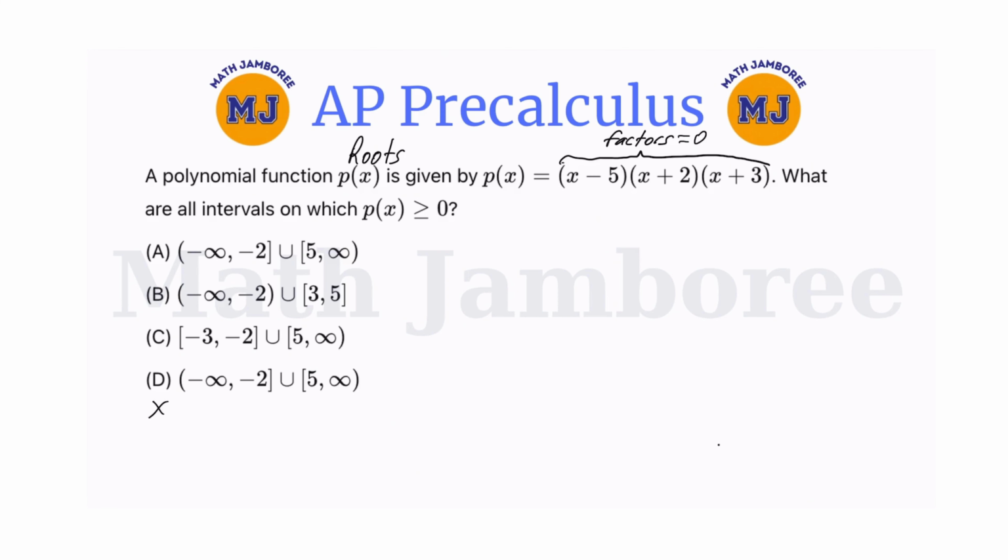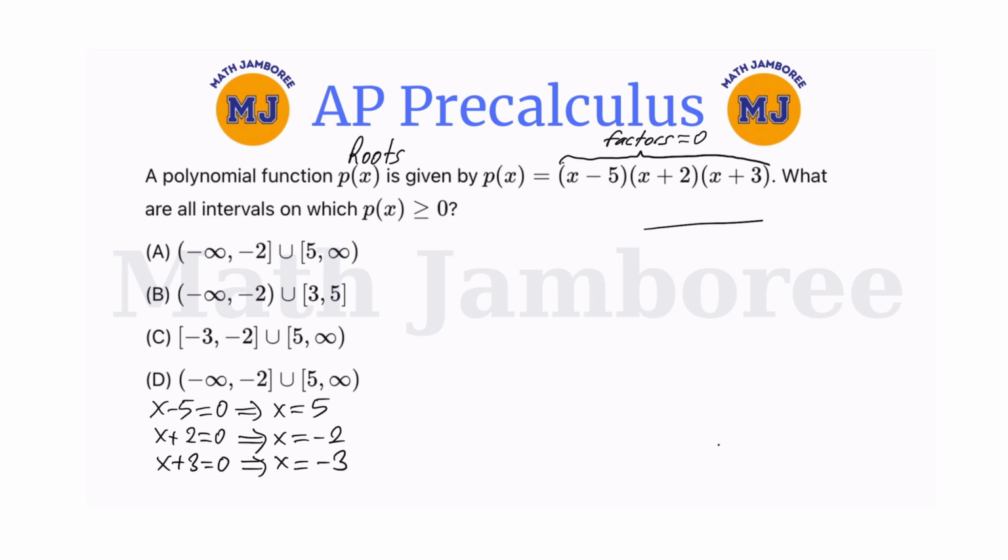So x minus 5, if it equals 0, the value of x will be 5. x plus 2 equals 0, the value of x is negative 2. If x plus 3 equals 0, then the value of x is negative 3.